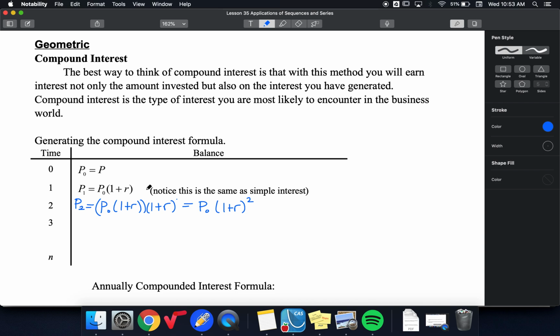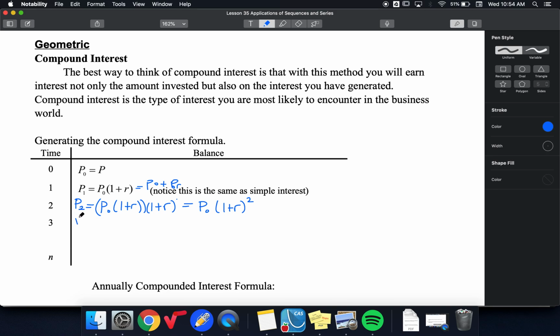So this first line is just the balance of simple interest. If I expanded that, I would get P naught plus P naught times R, so the balance plus the interest. But now in this next year, I'm paying interest on the interest.